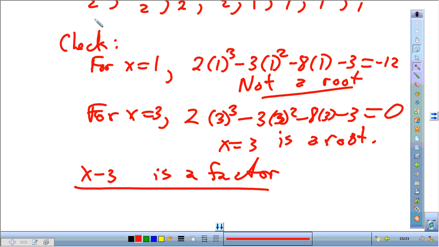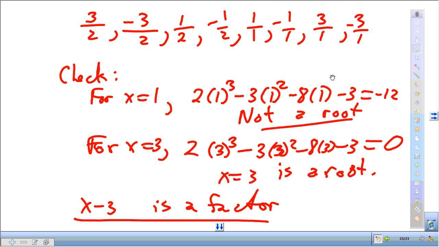Now, here I would have to keep going through and check all of these 8 possibilities that I wrote down to see if any others might be factors or roots. So, which is possible.